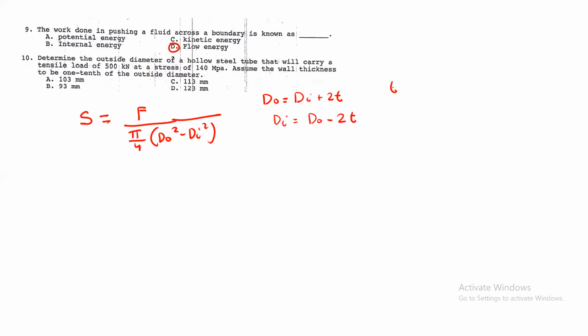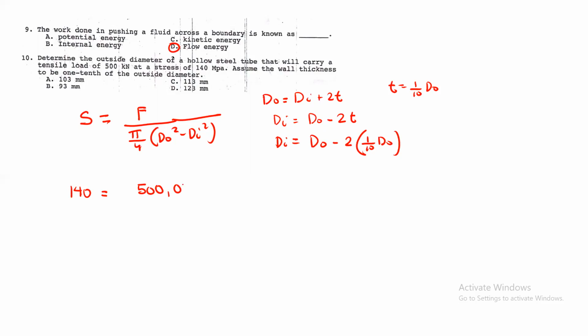Ang thickness kasi natin is 1/10, 1/10 daw ng outside diameter. So, substitute natin. dO minus 2 times 1/10 ni dO. Ito yung substitute natin sa di dito. Stress is 140 megapascal. Newton per mm squared yan is equals to force na 500 kilonewton.